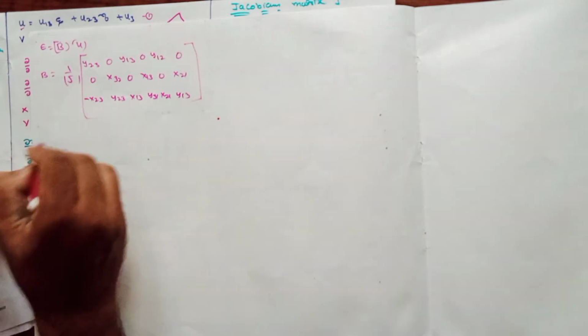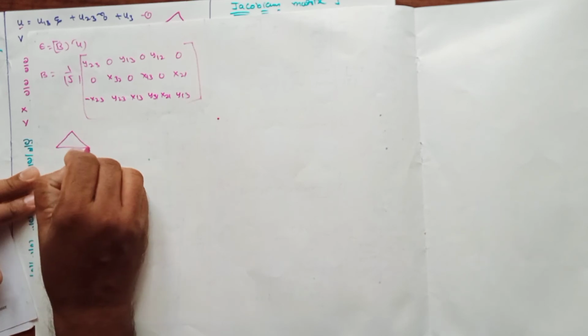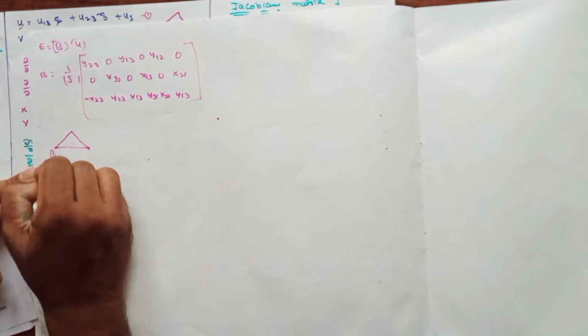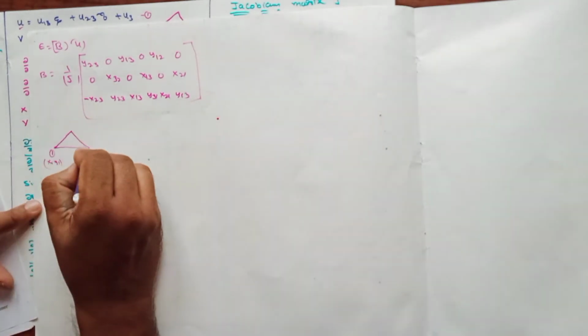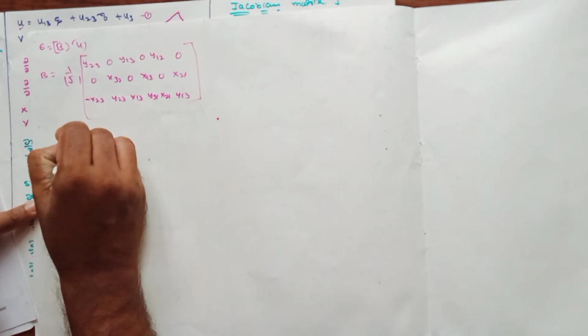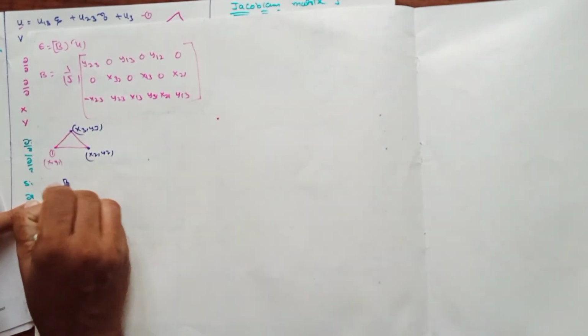Now, if you observe this B matrix in a CST triangle, how are we going to calculate it? If you know that node 1 has x1, y1, node 2 has parameters x2, y2, and node 3 has parameters x3, y3, it is possible to calculate B. Why?